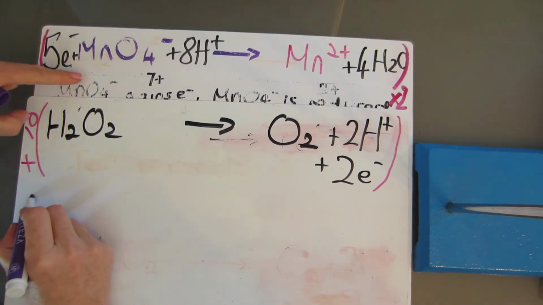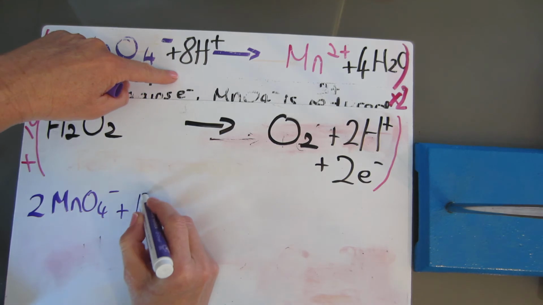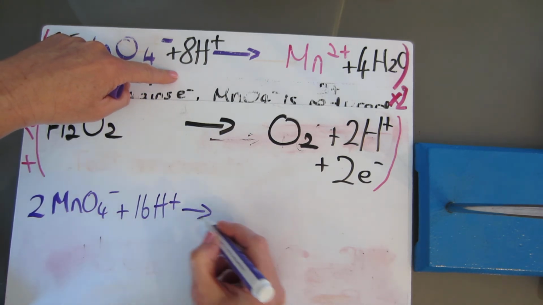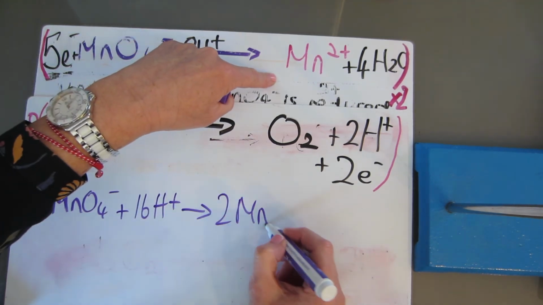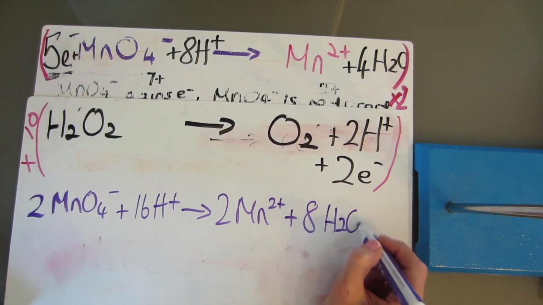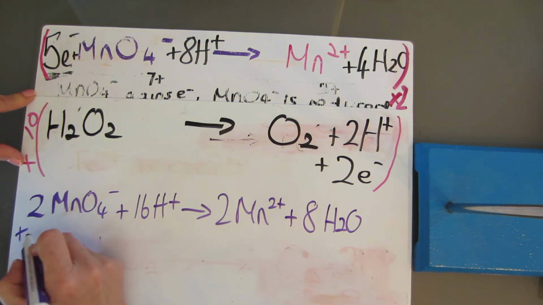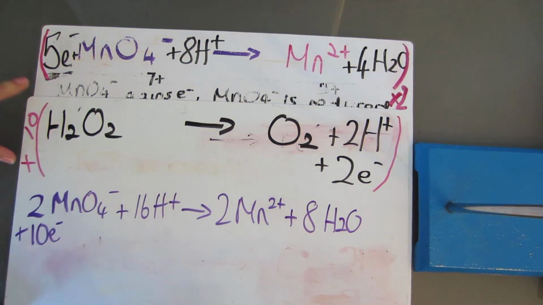So what have I got? 2MnO4 minus plus 16H plus becomes 2Mn2 plus and 2 4s are 8H2O. And remember, how many electrons on this side? 10 electrons. Now let's do the same with this one.